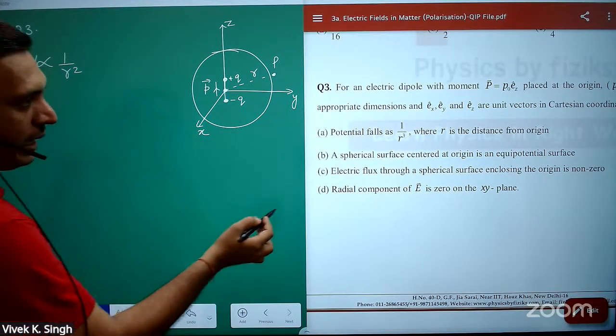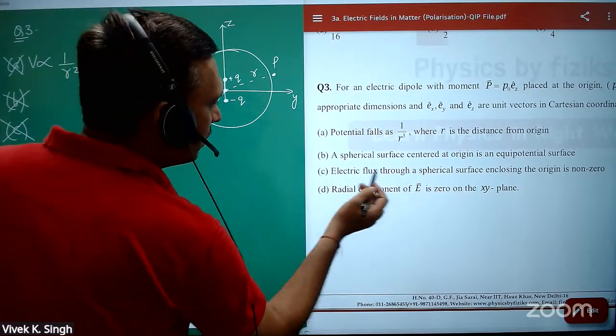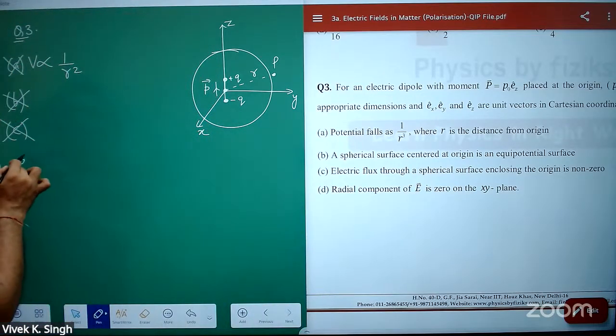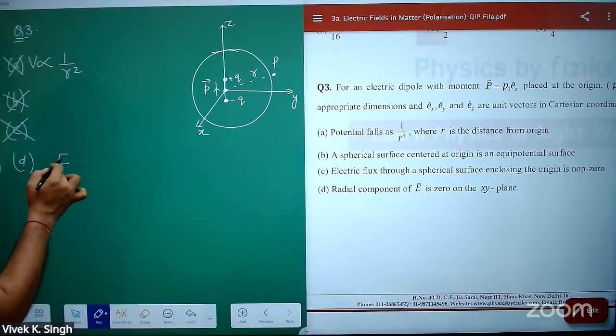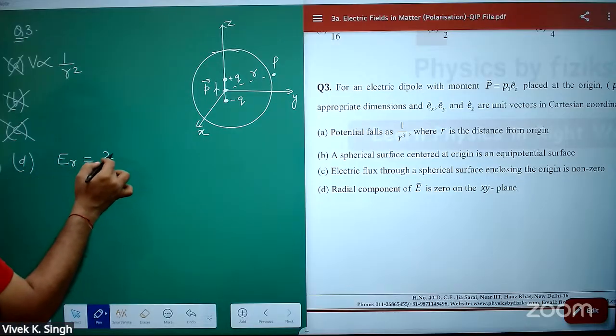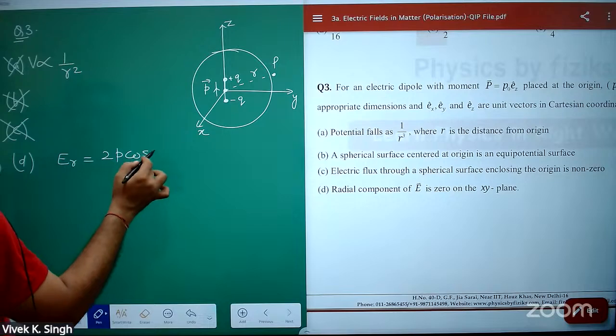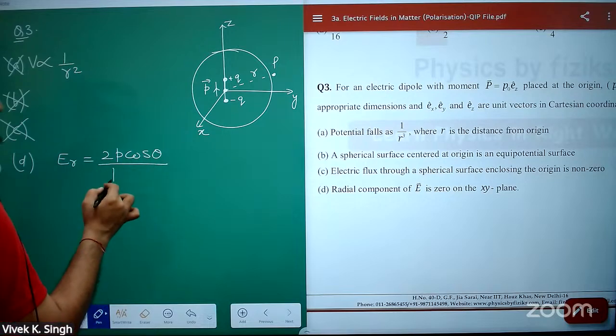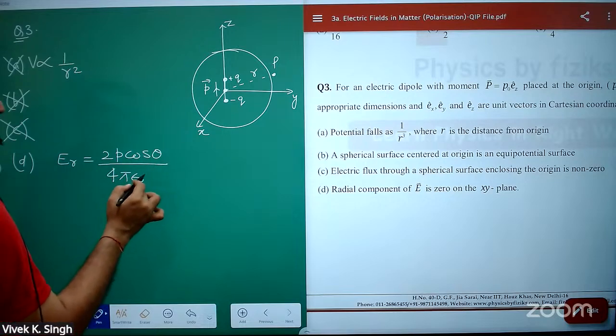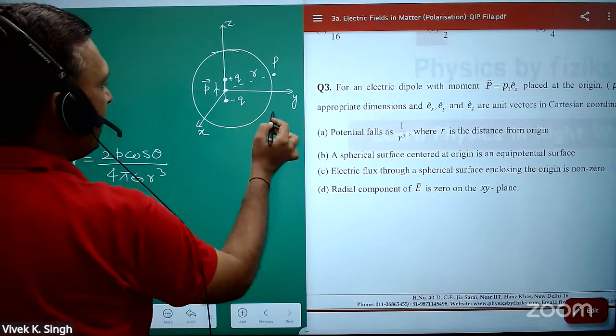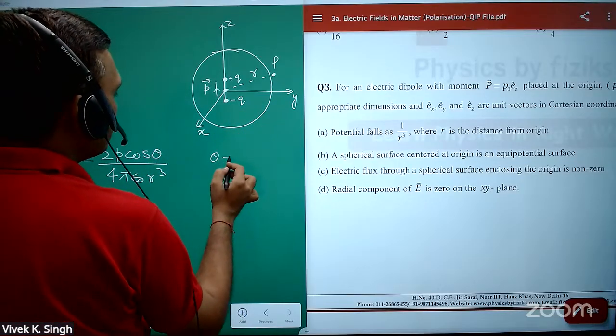Now see, the radial component of E is 0 on the XY plane. And what is the radial component? I have written E_R is 2p cos theta by 4 pi epsilon naught R cube. And in the XY plane, theta is pi by 2.